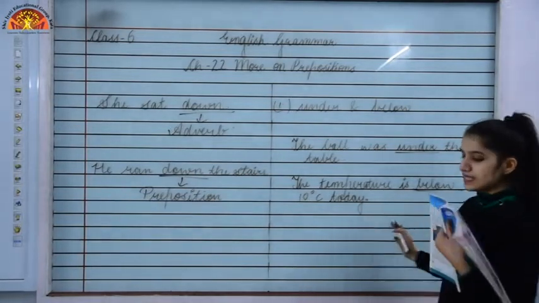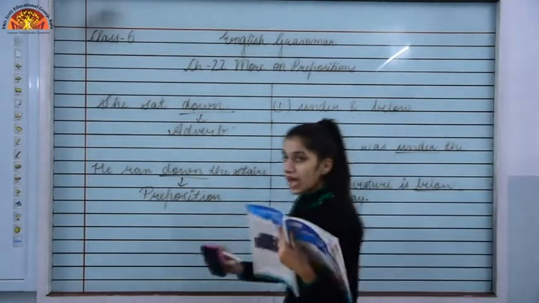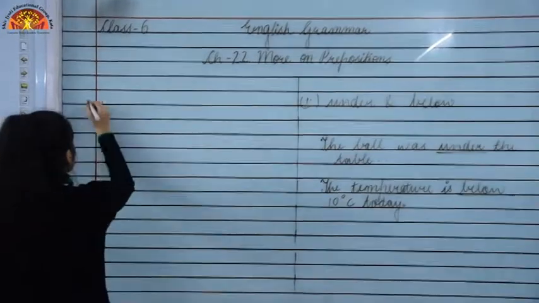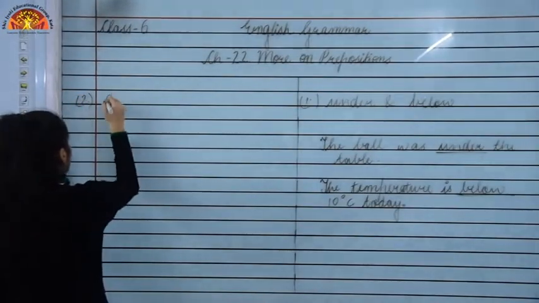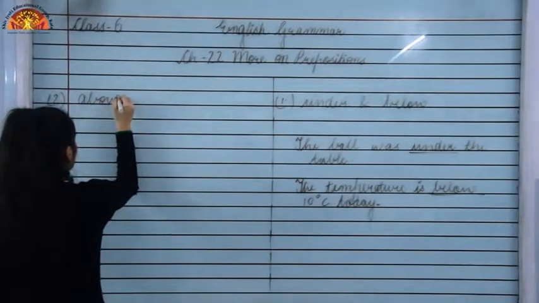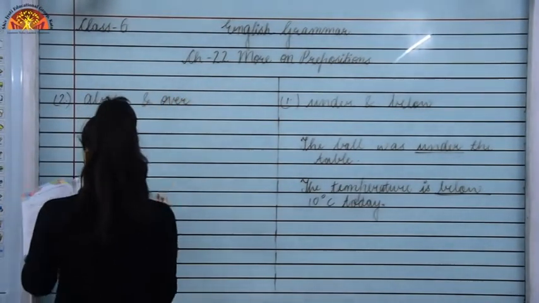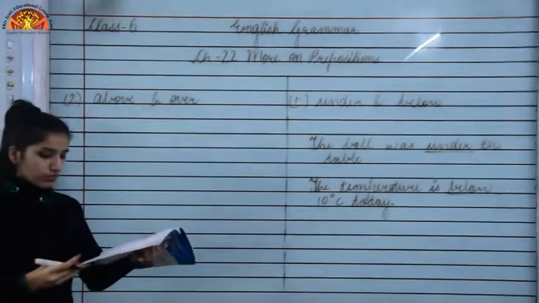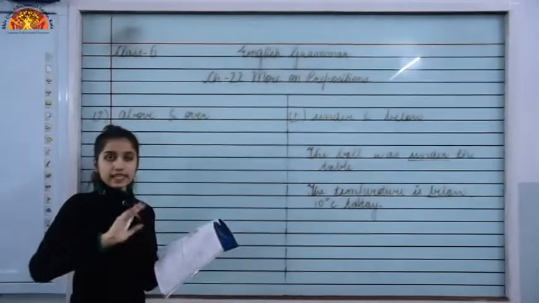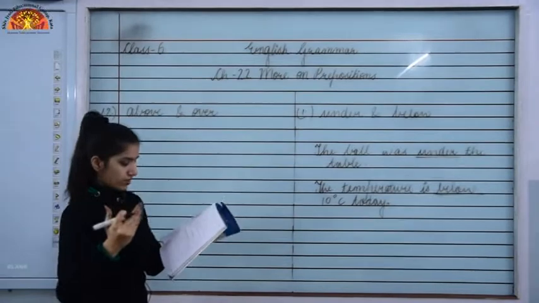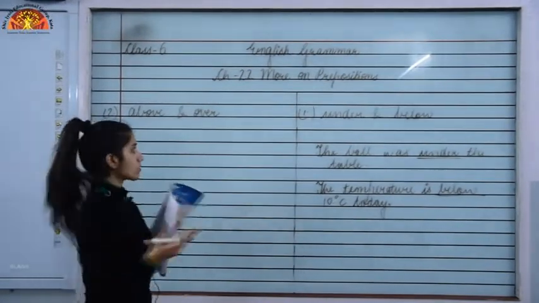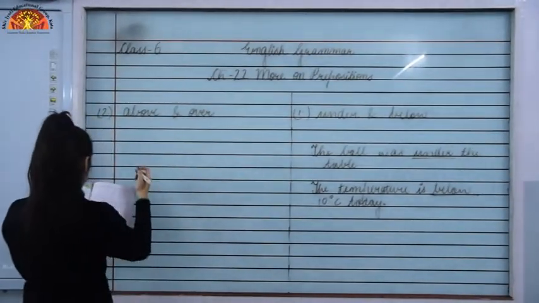Now we will see another pair that we have, which is above and over. Above is used to refer to things that are at a higher or upper level. So let us take an example.